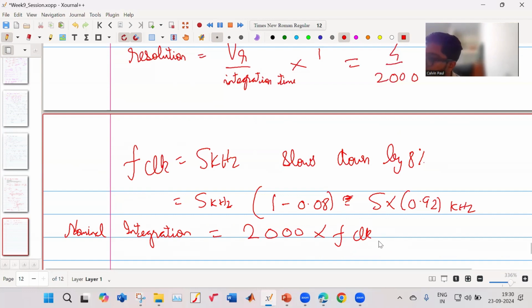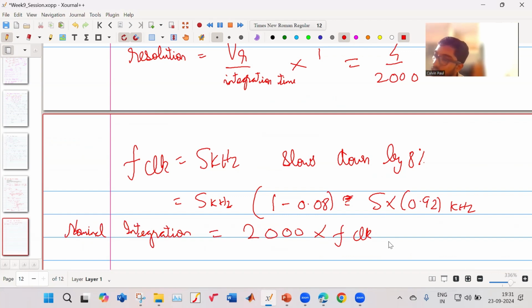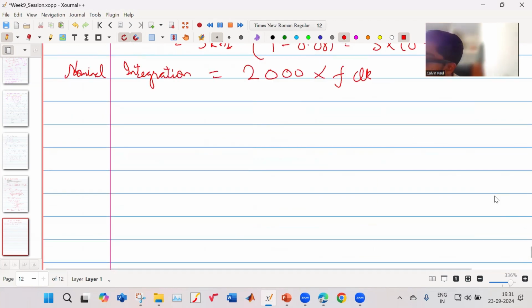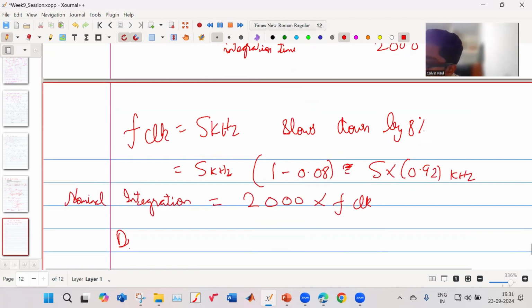Your F clock has changed, so your integration time will change because you have told that for 2000 cycles you have to give your input, and your counter will reach the maximum value of 2000 and then you will disconnect it from your input and connect it to your reference. Then your de-integration time will also change accordingly.